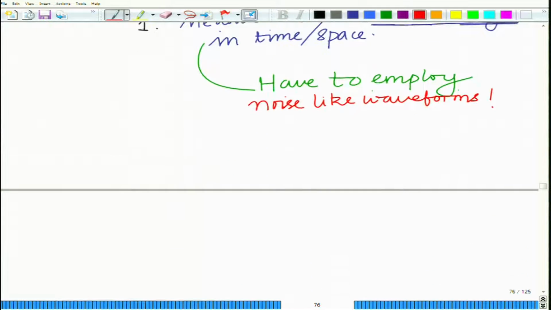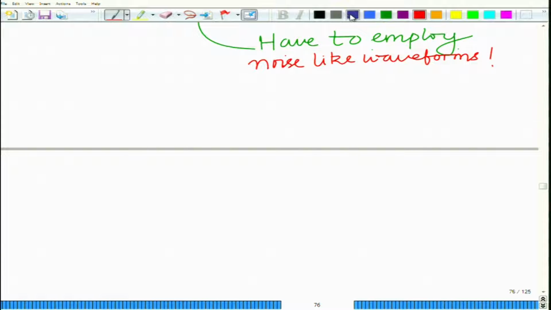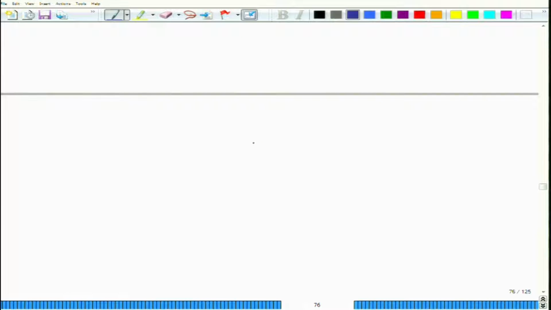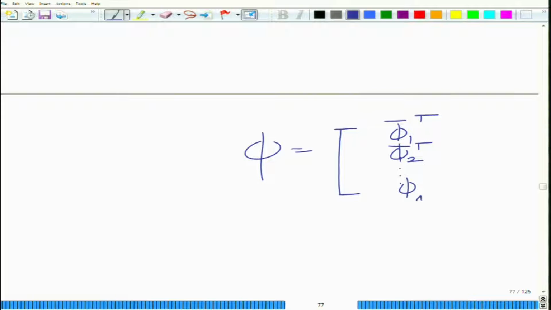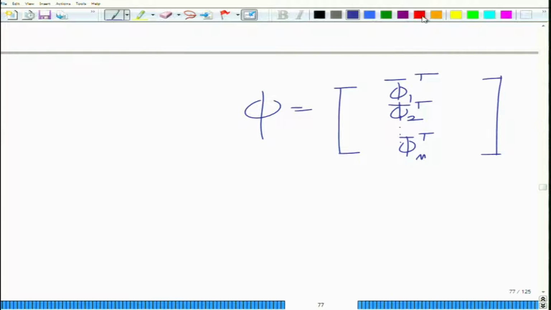The meaning of that is, if you look at this sensing matrix phi, remember we said we have the sensing matrix which is m cross n, which means there are m rows and n columns. If you look at each row, which we are denoting by phi 1 bar transpose, phi 2 bar transpose, phi m bar transpose, these are the rows.